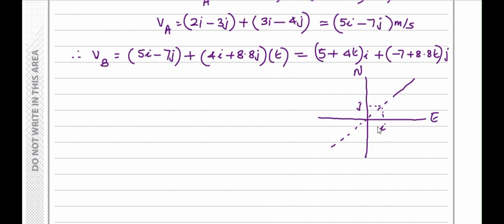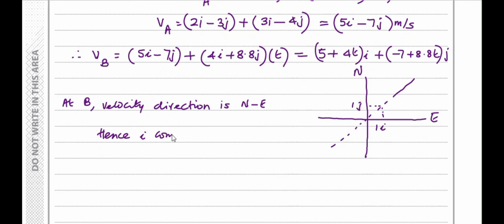I, j both will be equal. If it is one i here, one j here, that is y is equal to x, sort of. Therefore, we can write that at B, the velocity direction is northeast.